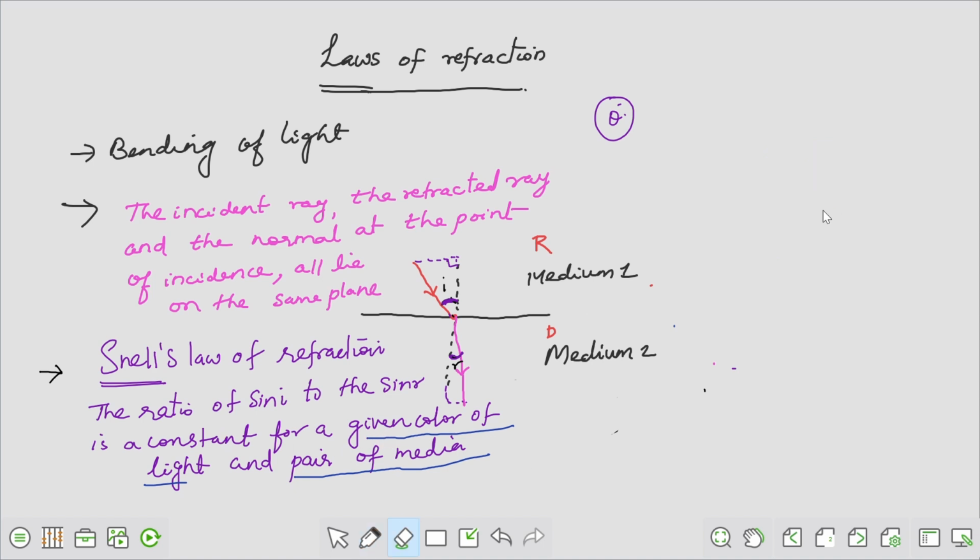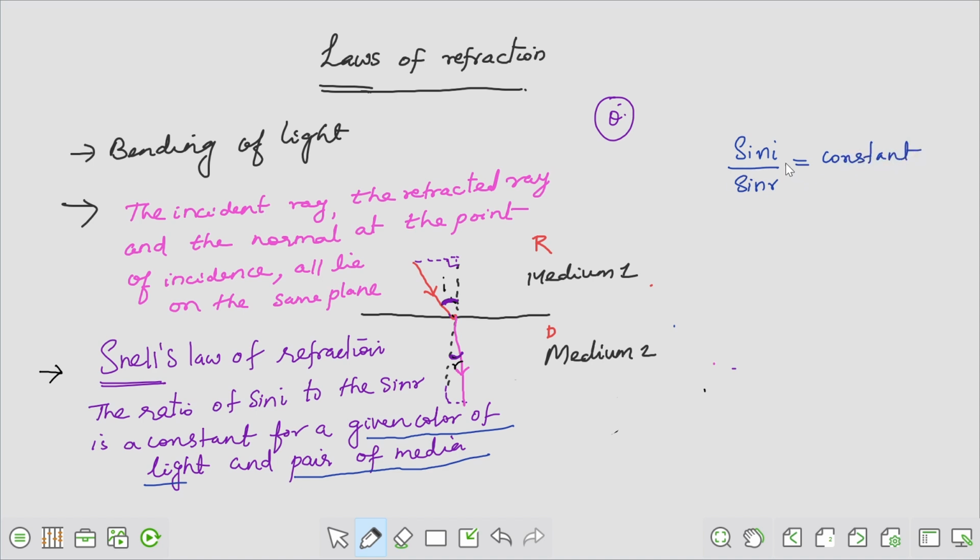First, let's express this statement mathematically. The ratio of the sine of the angle of incidence to the sine of the angle of refraction is a constant. Ratio means fraction, right? So sin i divided by sin r is a constant.